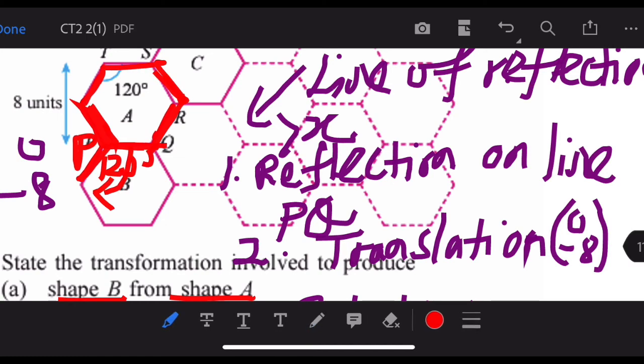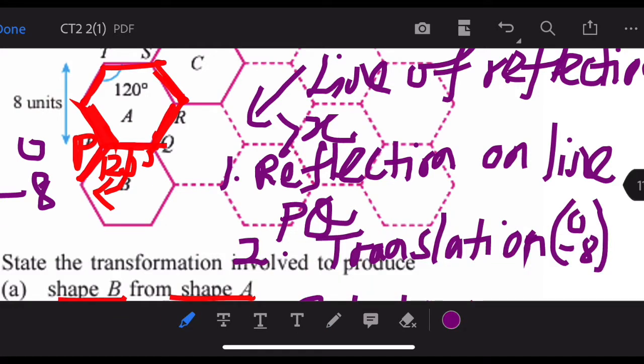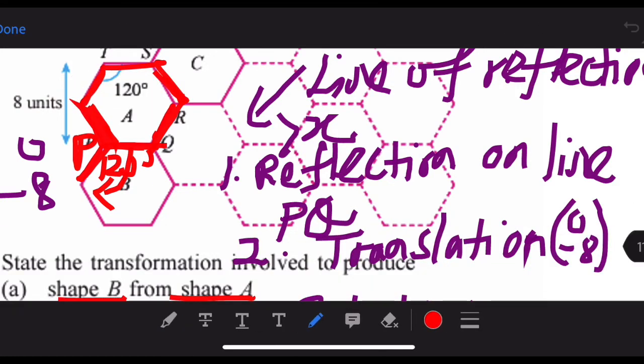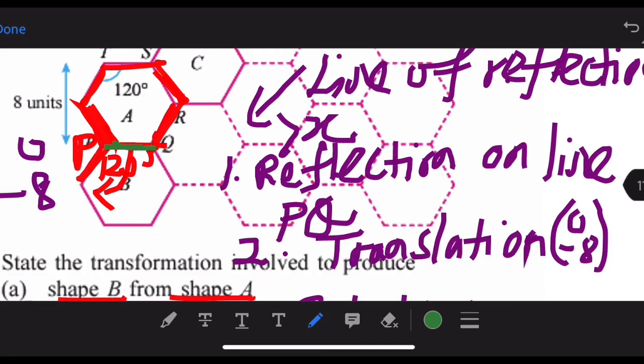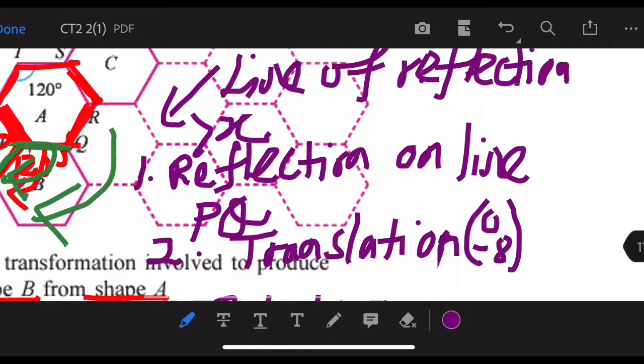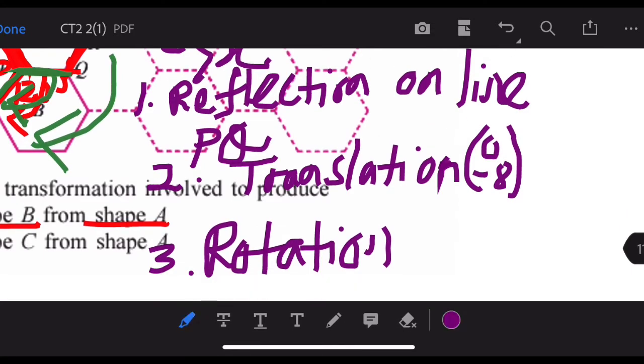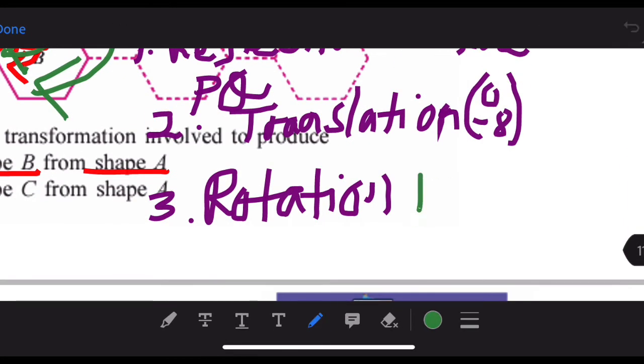The line, the red line. Let me highlight using green. This line will come over here. If we rotate 120, this direction is clockwise, so 120 degree clockwise, right?